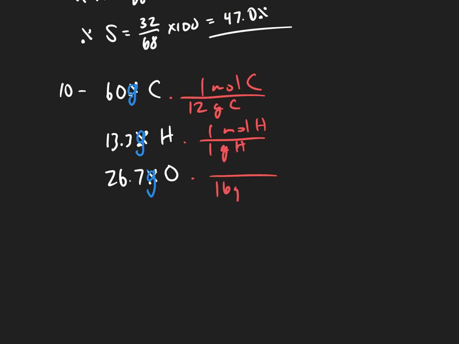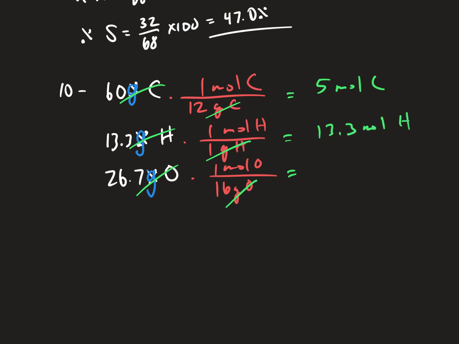And 16 grams of oxygen to 1 mole of oxygen. And we can see grams goes away. 60 divided by 12 is 5 moles of carbon, 13.3 moles of hydrogen. You all following me?